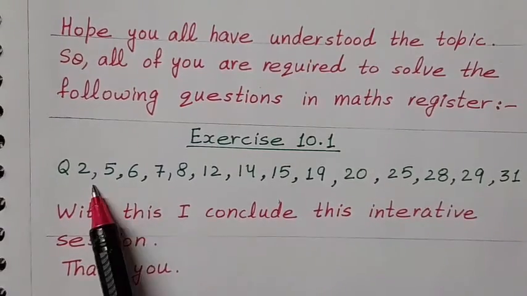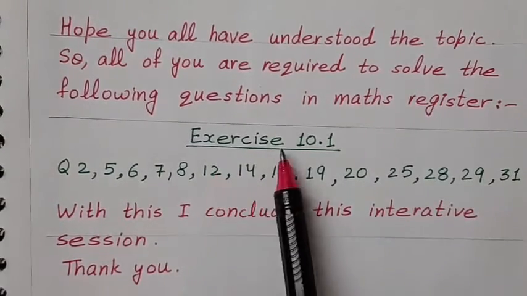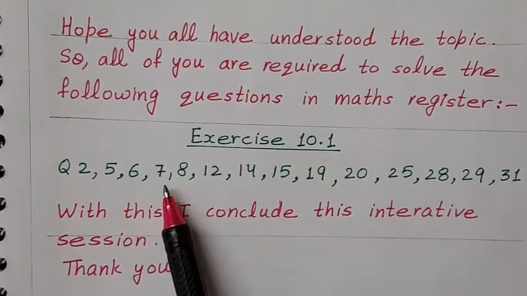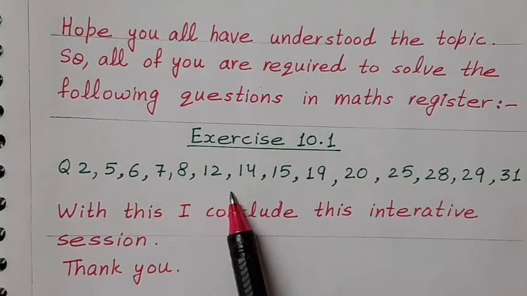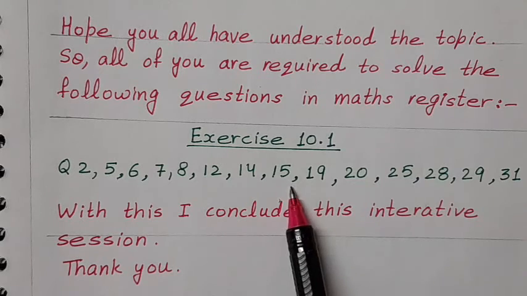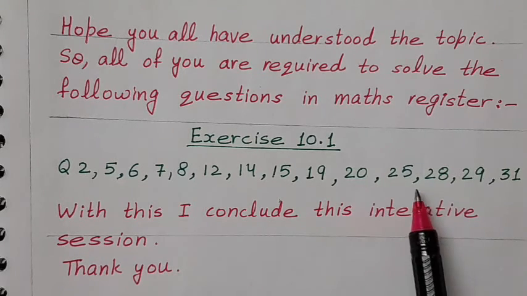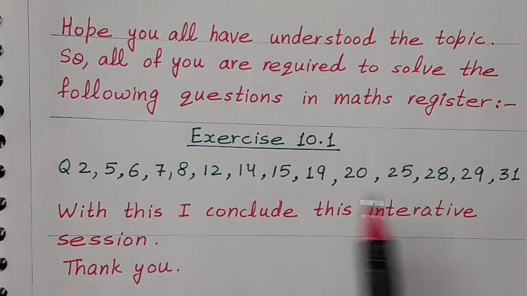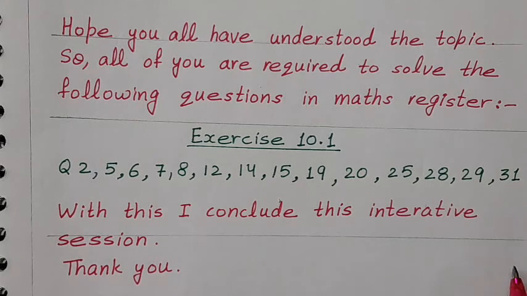So the questions are exercise 10.1, question number 2, 5, 6, 7, 8, 12, 14, 15, 19, 20, 25, 28, 29 and 31. Clear? Students, all the questions which are marked in the exercise are supposed to do. Clear? And all the questions which are crossed, you can leave those questions.